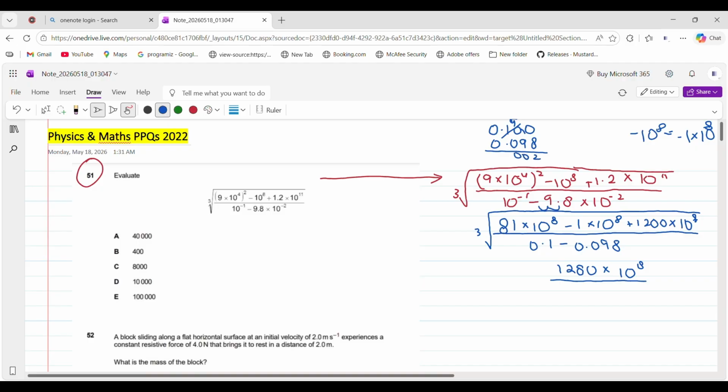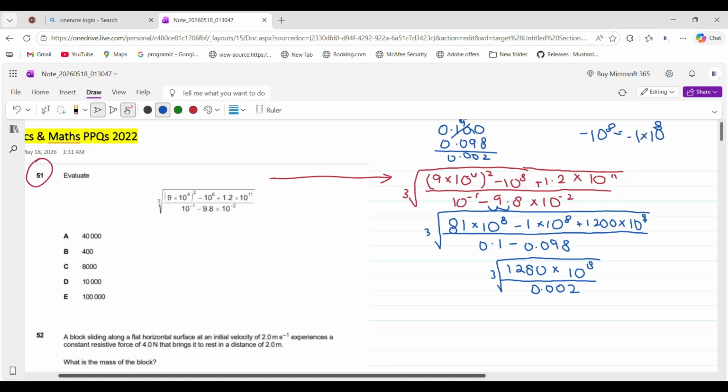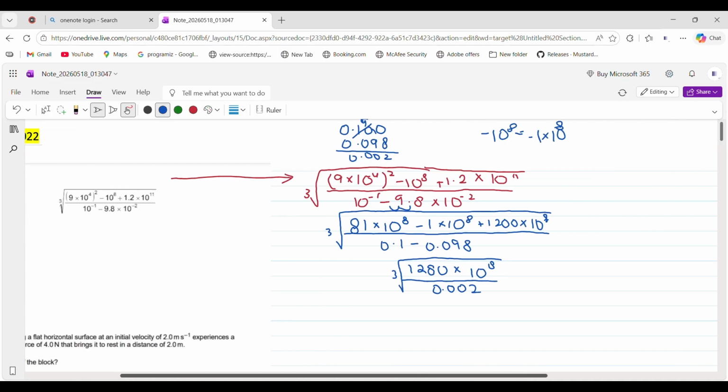So it basically is now 0.002. Okay, and all these things are under cube root. Now we need to solve it further in order to have our answer. So basically if I write 1280 into 10 to the power 8.